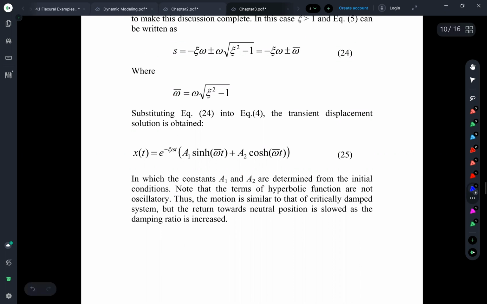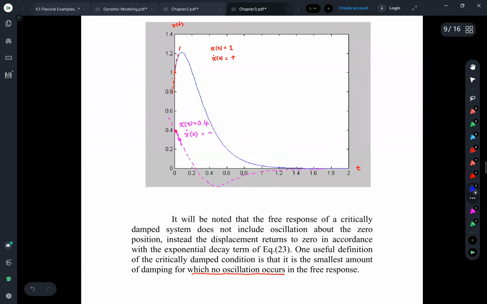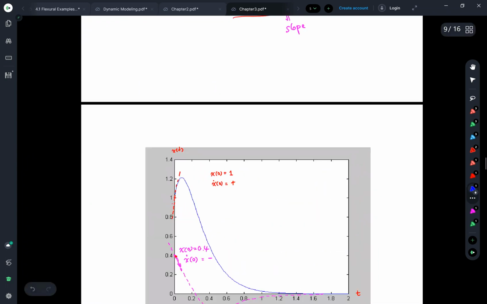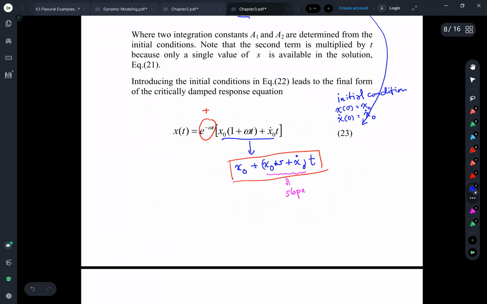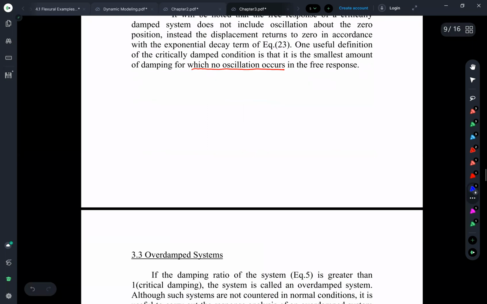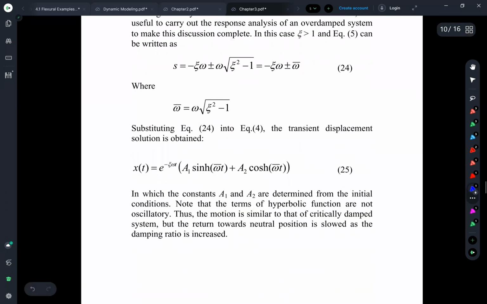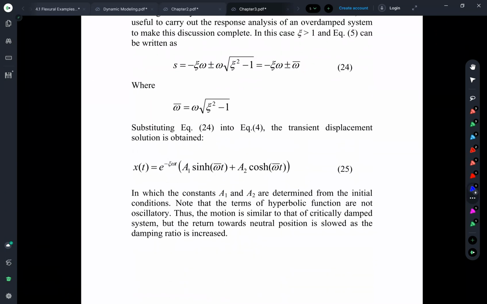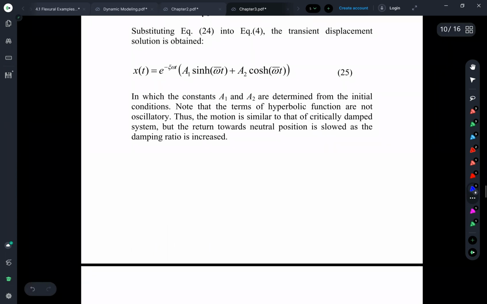Equation 25 and 23, even though the form is totally different, when we plot the curve from the same initial conditions, we found it looks very similar.